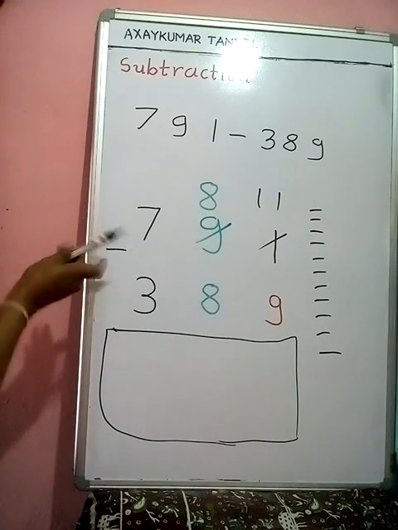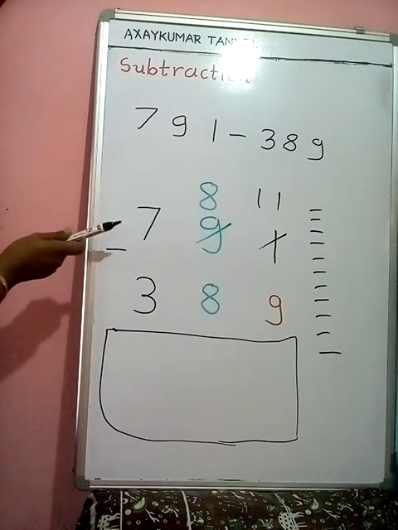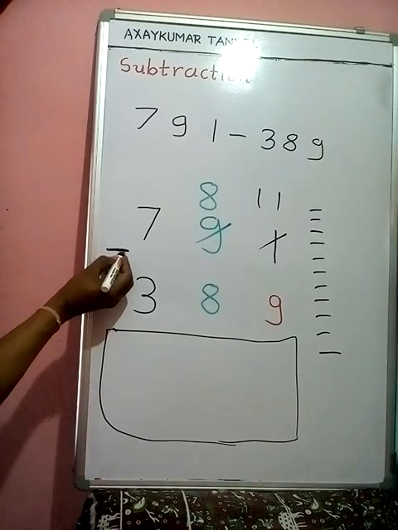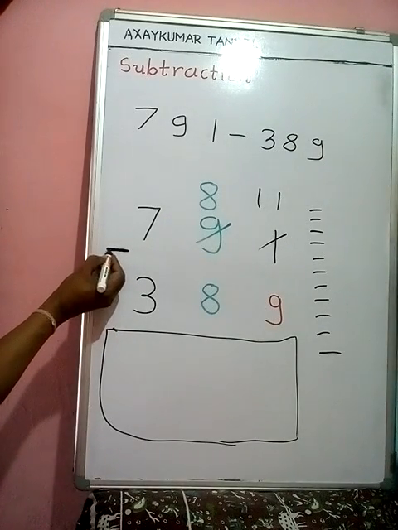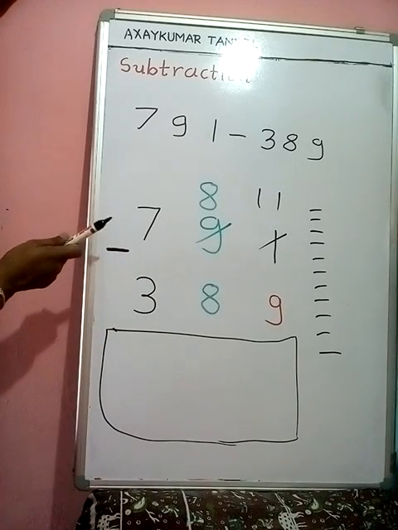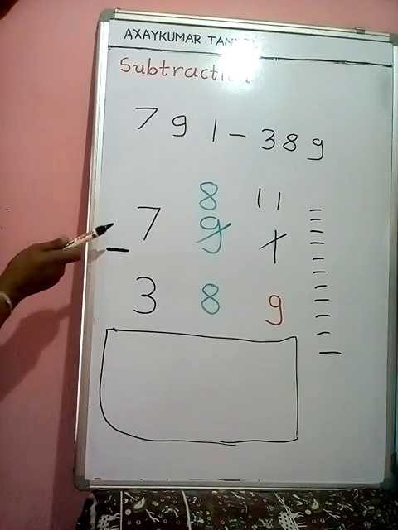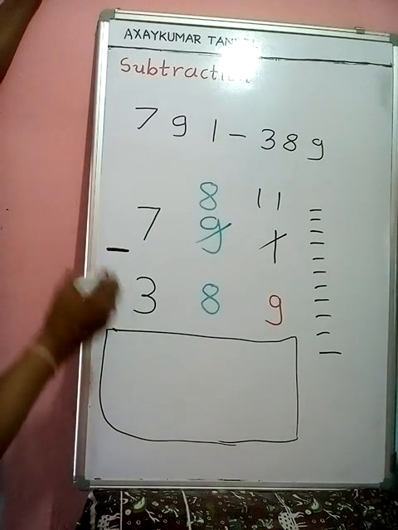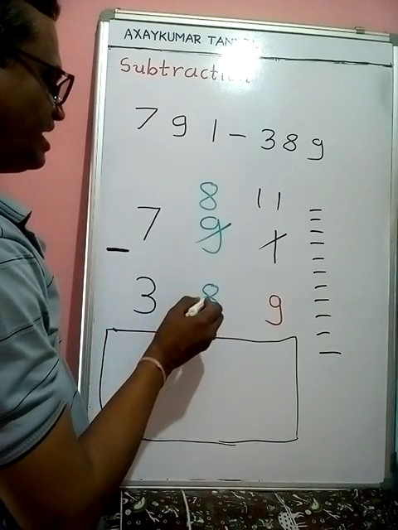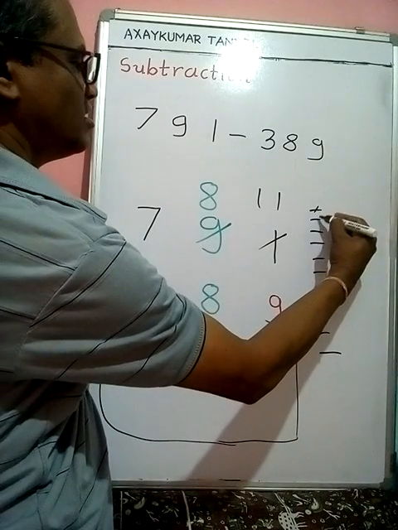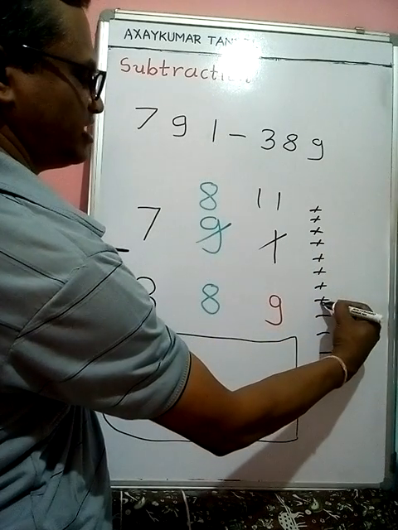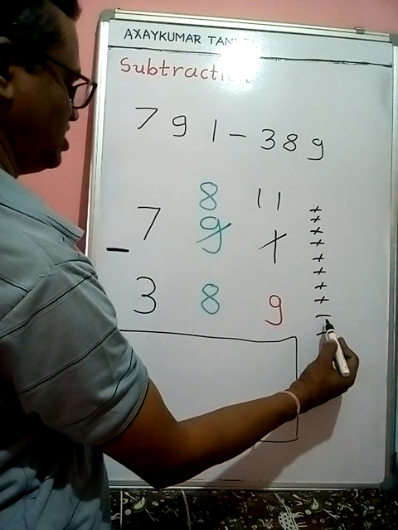Understand? How many cutting? 1 2 3 4 5 6 7 8 9.